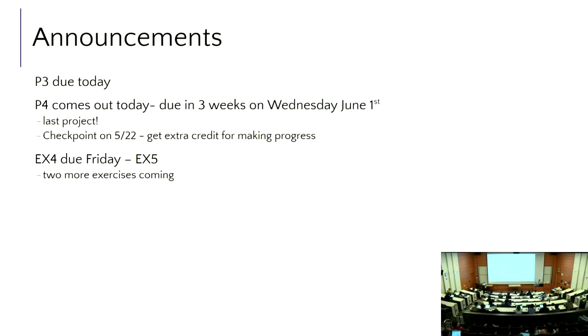So Project 4 does come out. It's due in 3 weeks, which would be the Wednesday of our last week of the quarter, which is June 1st. We have added this quarter for the first time a checkpoint. On 5/22, the middle point between now and when the project is due, if you have achieved at least 15 points on Gradescope, you are going to get extra credit.